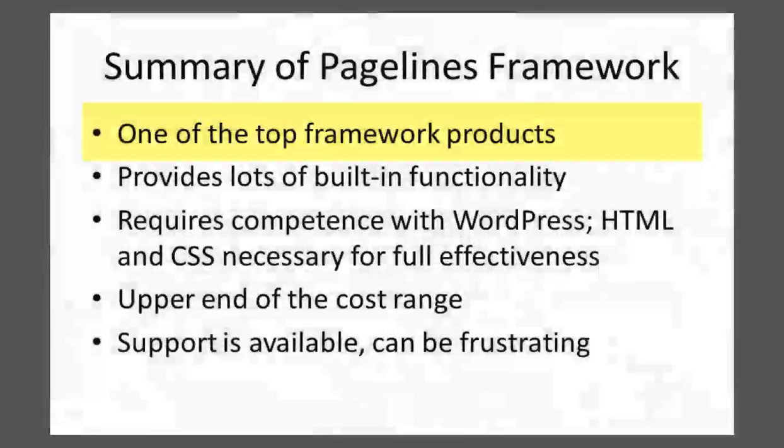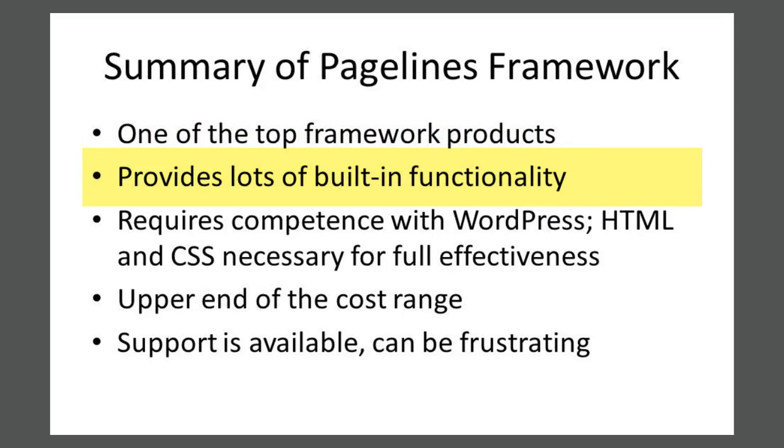In summary, the Pagelines framework is considered in the top tier of the WordPress frameworks. It packs a lot of features and functionality into its core program and offers relatively easy ways to modify and customize. To make use of these features and functionality requires a solid, maybe even above average, competency with WordPress, and it's certainly beneficial to know HTML and CSS.